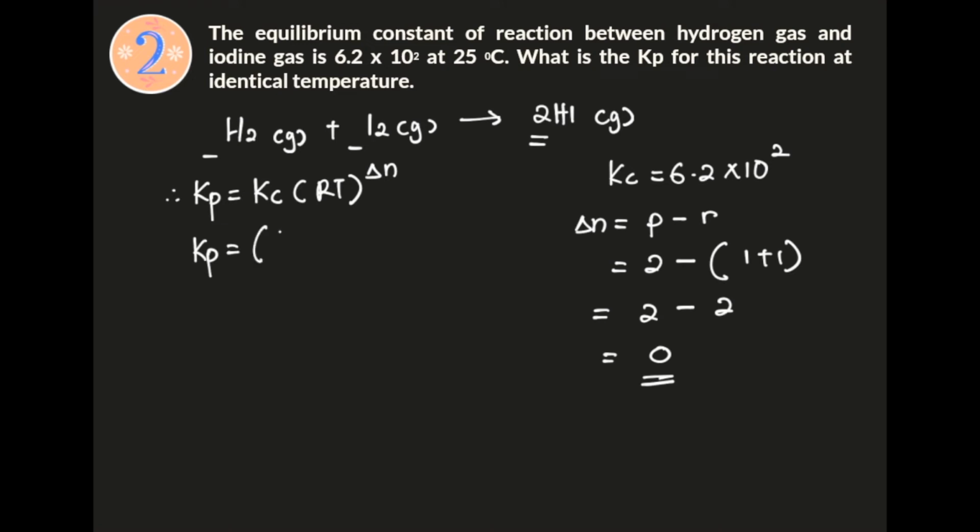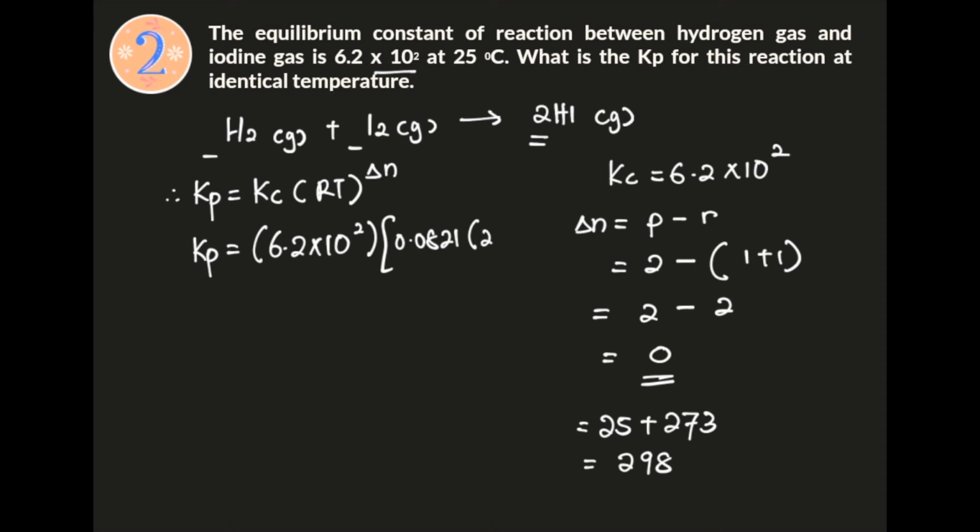So you just plug in the value 6.2 times 10 to the power of 2 times your RT. R is the gas constant, 0.0821, and your temperature is 25 degrees Celsius. Please make sure that you convert that to Kelvin. So 25 degrees Celsius plus 273, you should get 298.